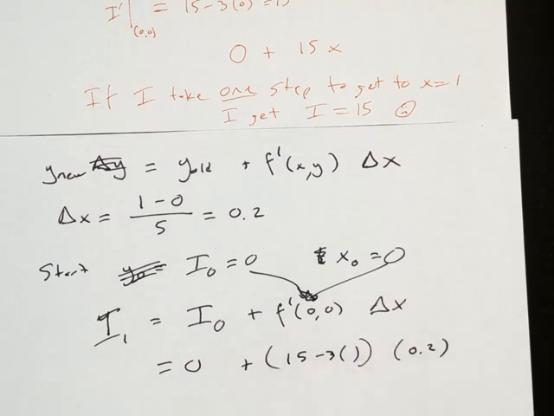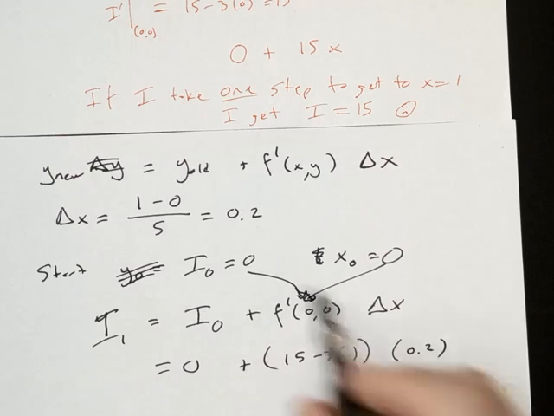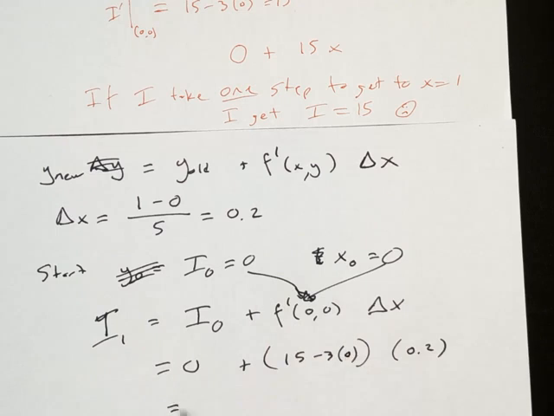What's the value that goes in there? It would be the I that was found here. So 0. Oh, so this is 0 plus 15 times 0.2, which is 3.